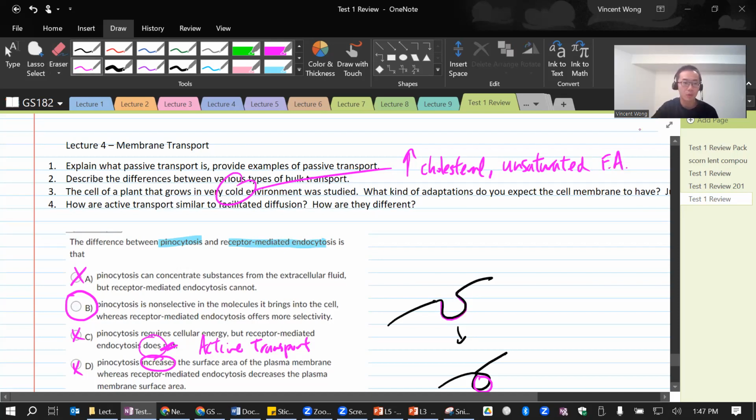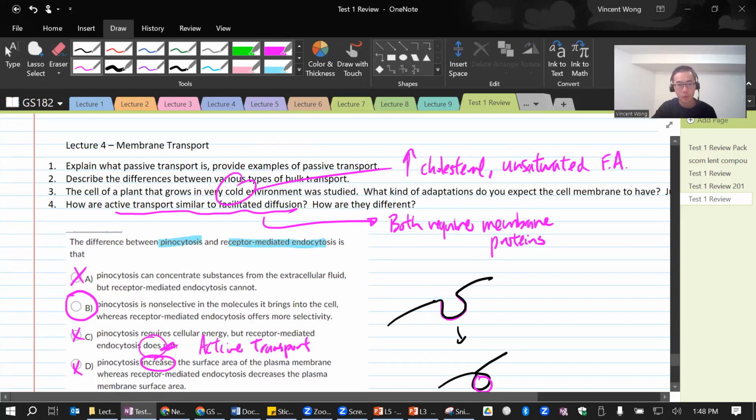Less saturated, of course. How are active transport similar to facilitated diffusion? Both require membrane proteins.